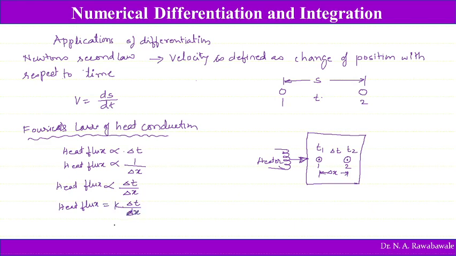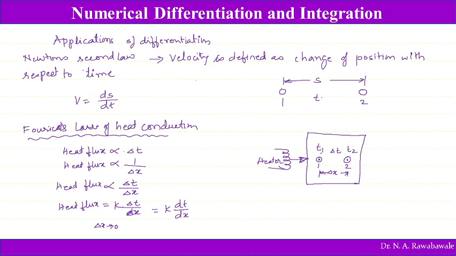If delta x tends to 0, then this can be written as K dT by dx. So this is nothing but heat flux obtained in Fourier's law of heat conduction using the differentiation.